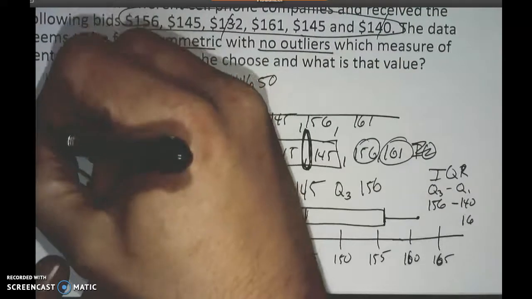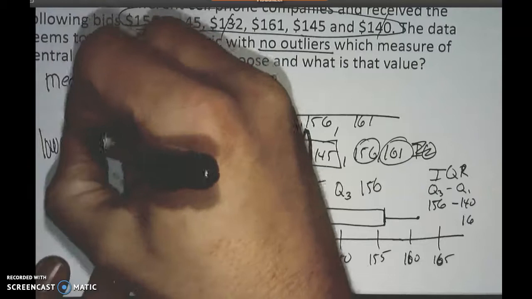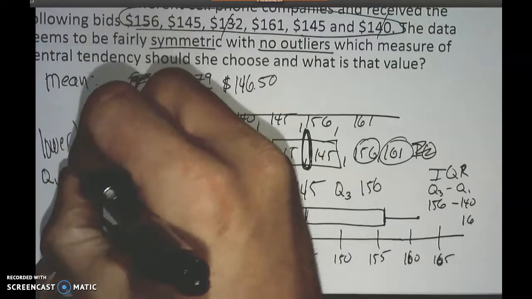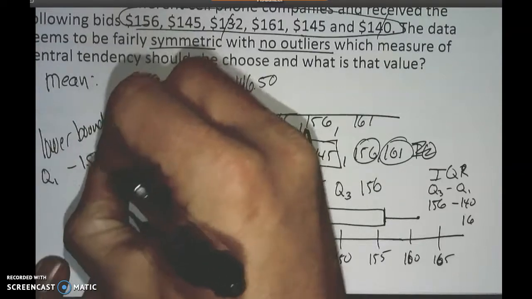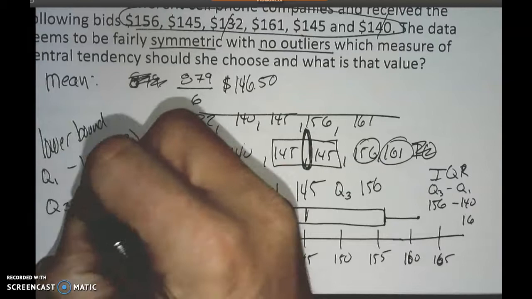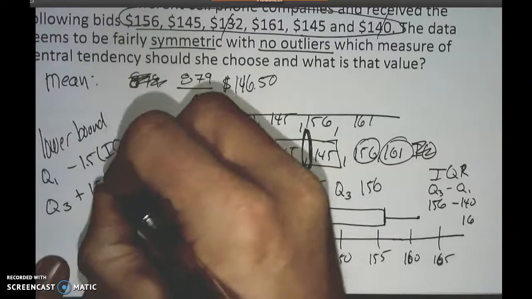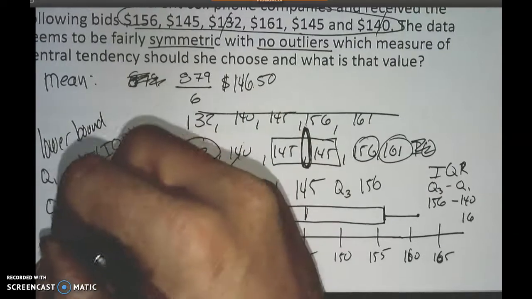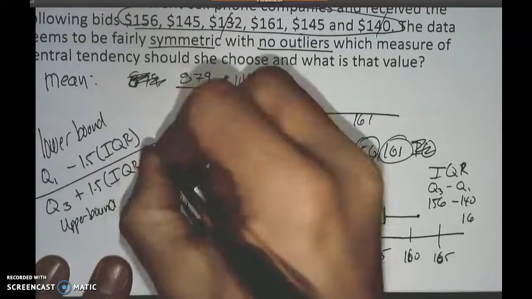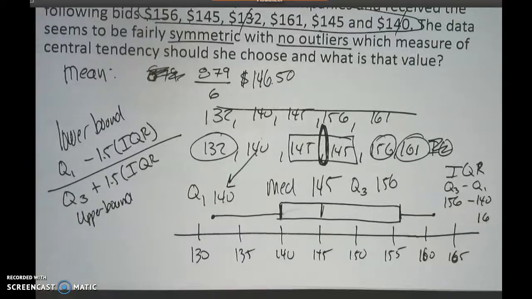And then your outliers: the lower bound is going to be Q1 minus 1.5 of your IQR, and then Q3 plus 1.5 your IQR is your upper bound. Okay, those are your things. Those were our medians and all that stuff that we covered.